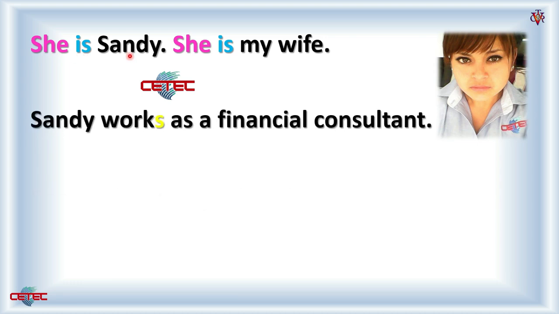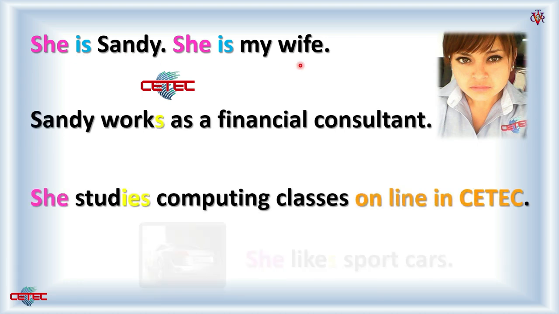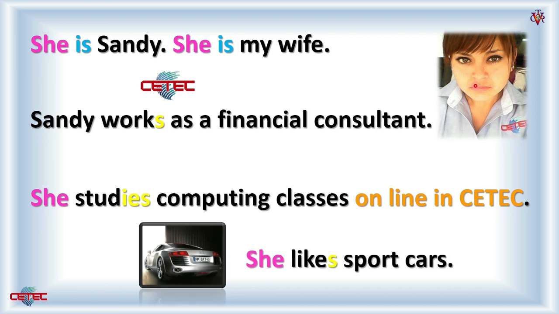She is Sandy. She is my wife. That person is a girl. Her name is Sandy. Sandy works as a financial consultant. She studies computing classes online in CETEC. She likes sport cars.